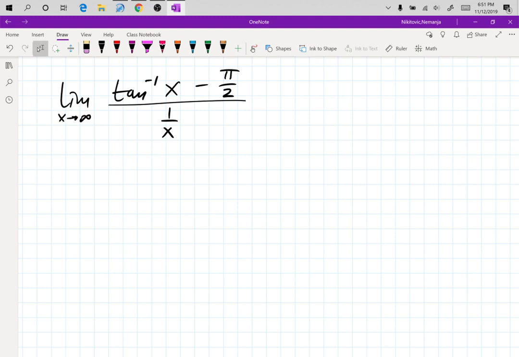What is the inverse tangent of infinity?